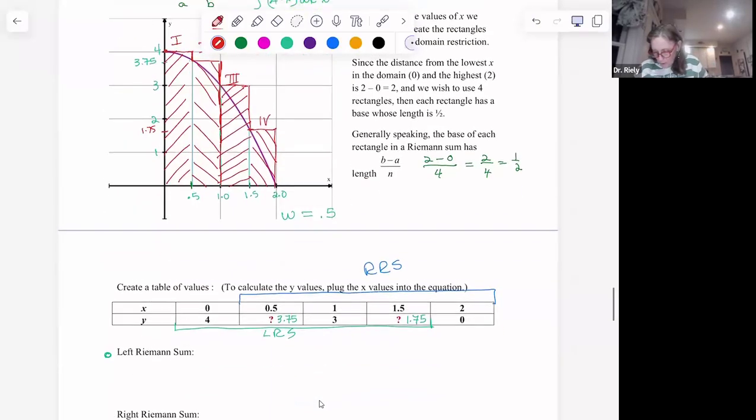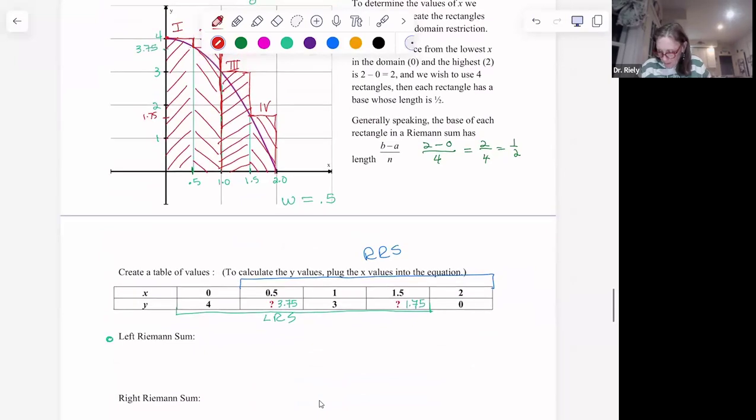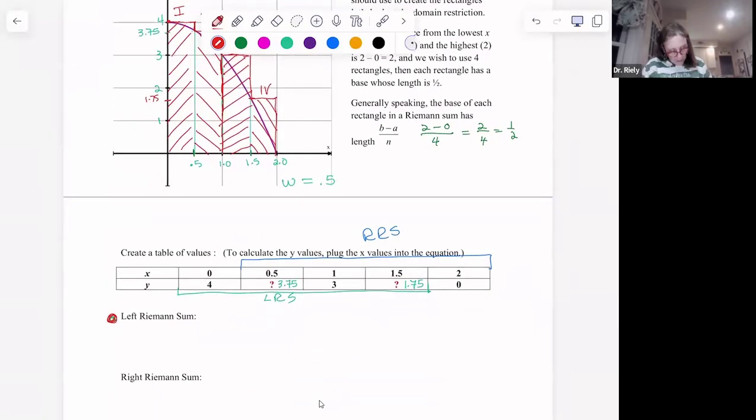Okay, so in terms of left Riemann sums, maybe I'll do them in red since I did everything in red here. So I know that my widths are all 0.5.